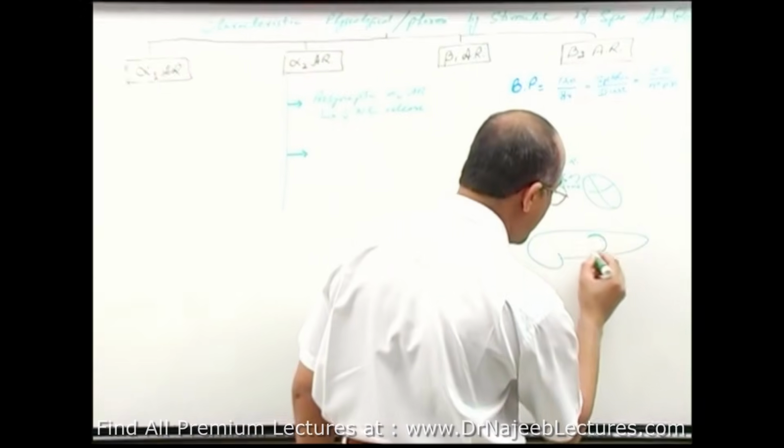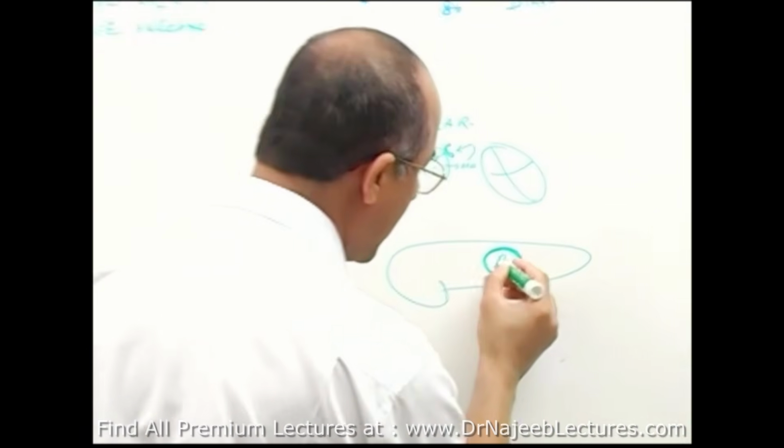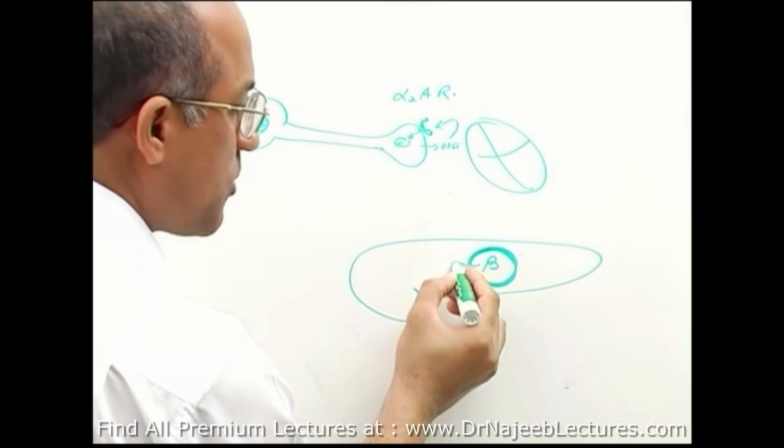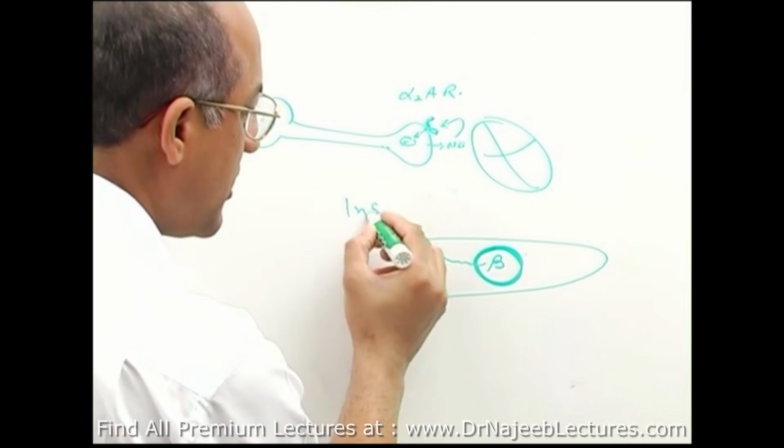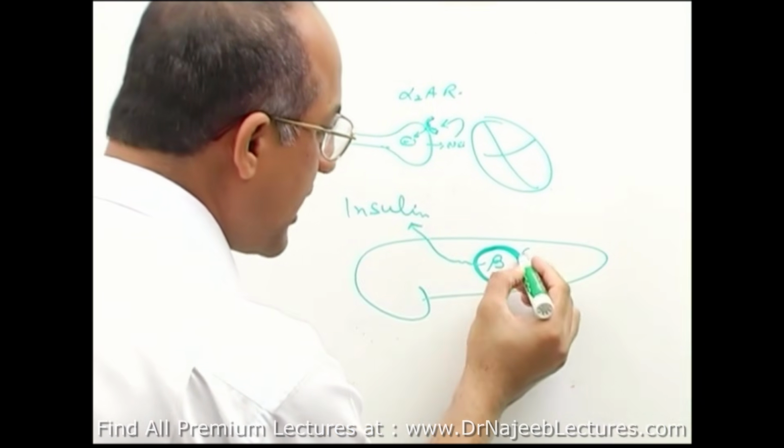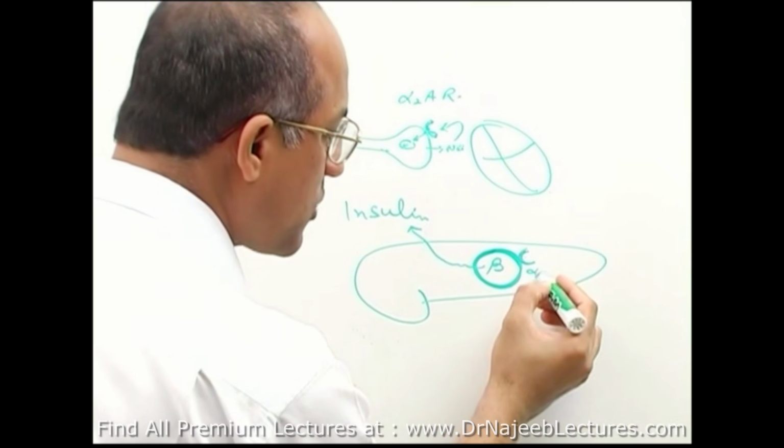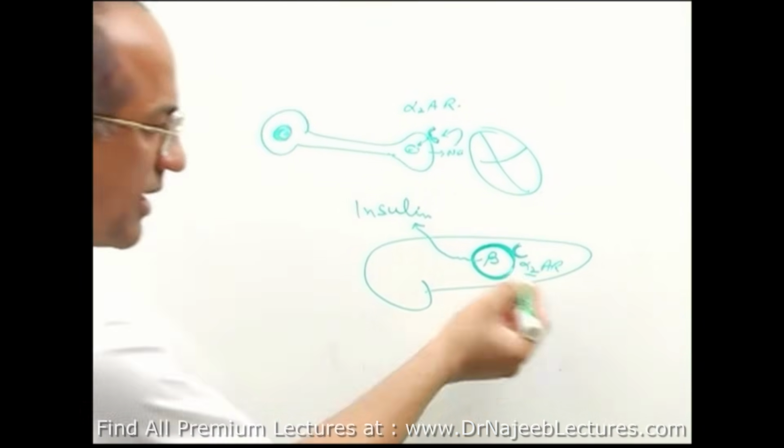Suppose this is the beta cell, which is normally responsible to produce insulin, but this cell is loaded with alpha 2 adrenergic receptors.